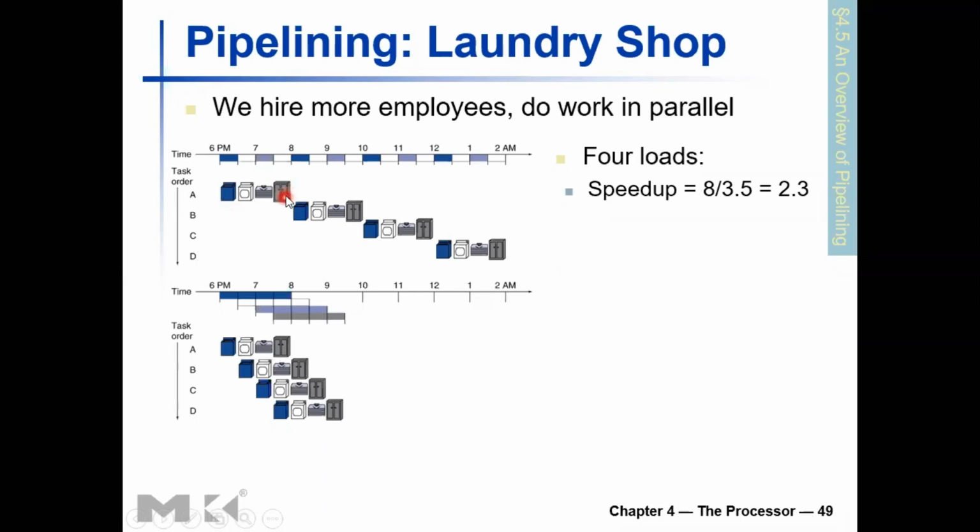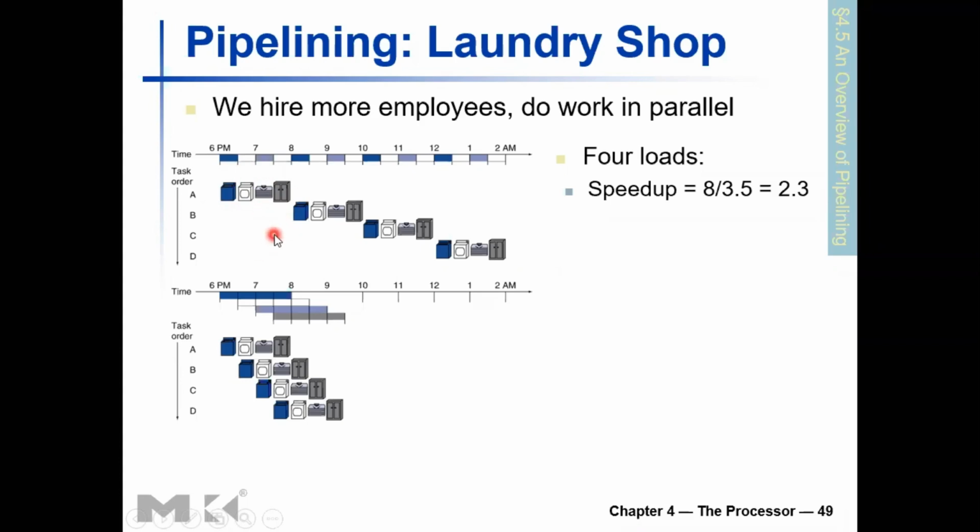So the idea is, while folding one load of clothes, use the washer and dryer for the next loads of clothes which are waiting, right? So cut down the waiting time. That is the idea of pipelining.